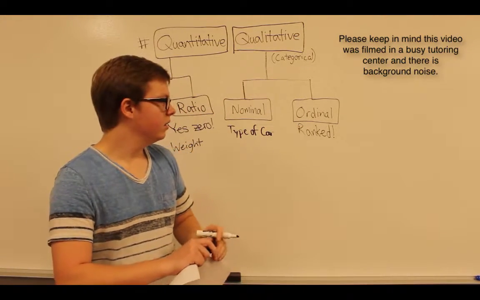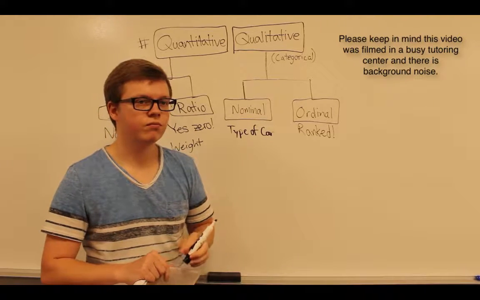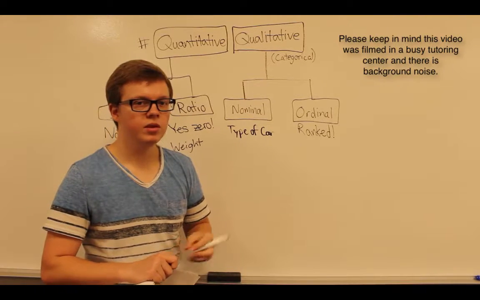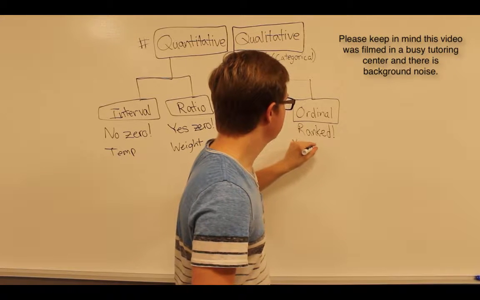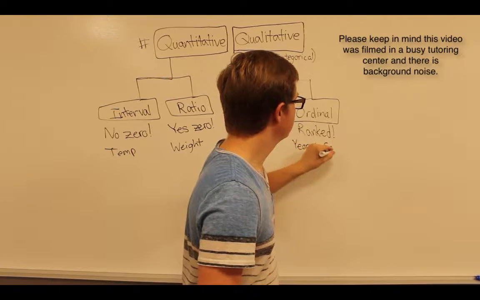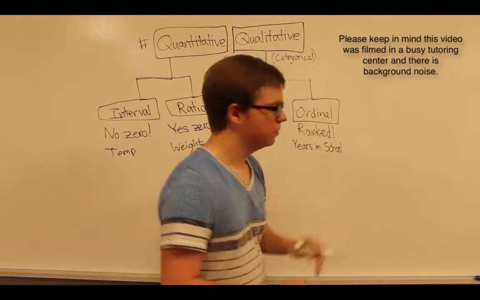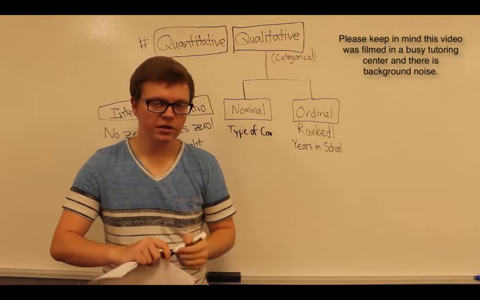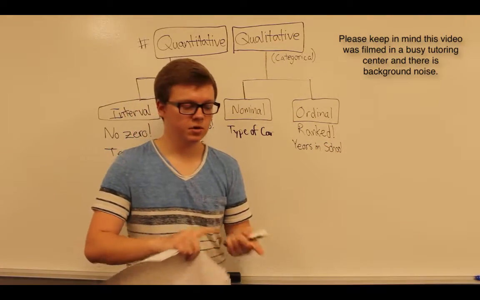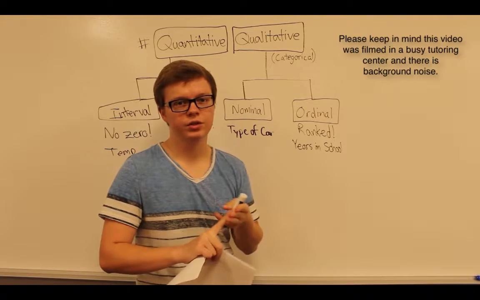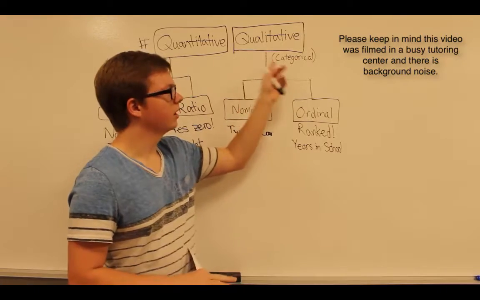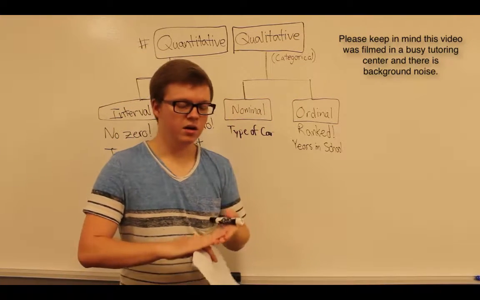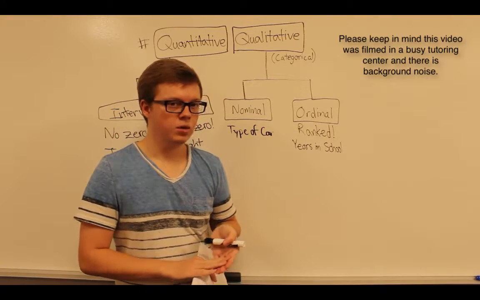Take years in school. In high school or college, for example, you might call someone a freshman, a sophomore, a junior, or a senior. Those are qualitative or categorical data, but you can rank them.